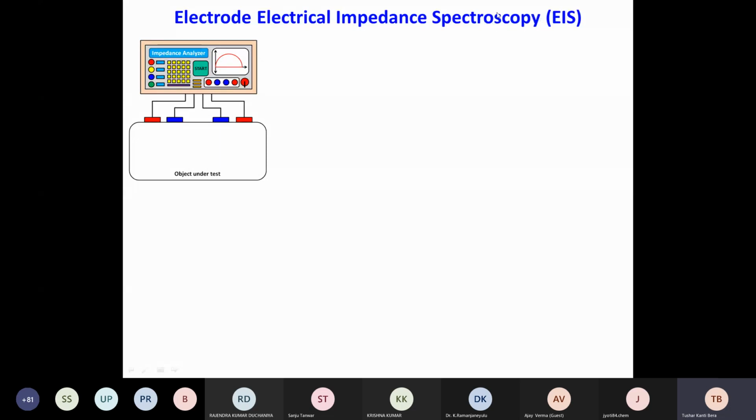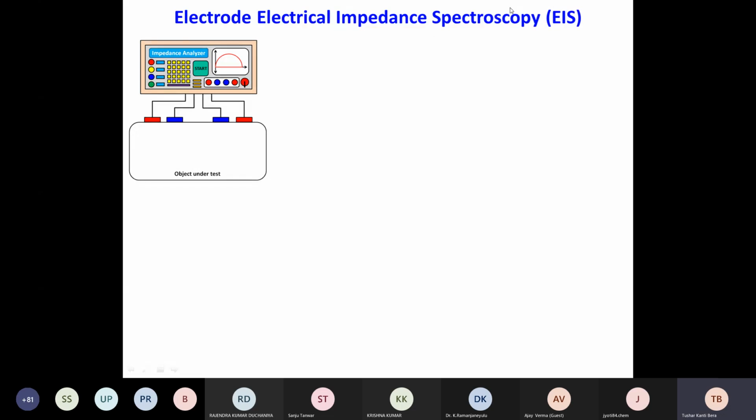Scopy, or scanning, gives the concept of observation, so we do some experiment to get information. Spectra means a band. A band of what parameter? A band of frequency.